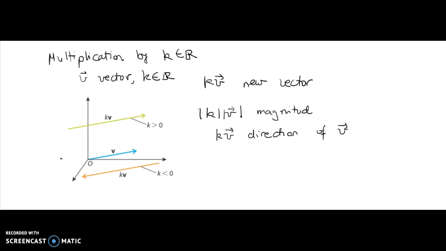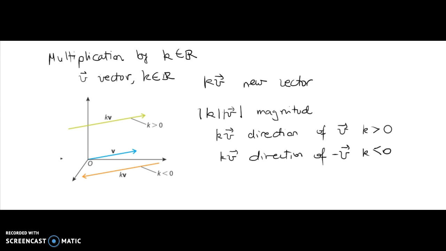if k is positive. That's the example in green over here at the left. And it will have the opposite direction, so the direction of minus the vector v, when k is negative, as we have in the orange vector over here.